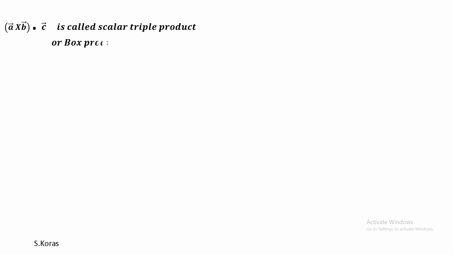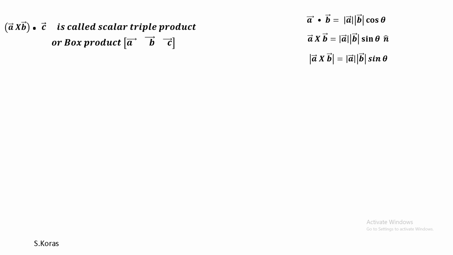(a vector cross b vector) dot c vector is called scalar triple product, or it is also called box product. At the end of this session, you will understand why it is called box product. Let's recall the definitions of a dot b, a cross b, and modulus of a cross b. Modulus of a vector cross b vector is modulus of a vector, modulus of b vector, into sine theta.